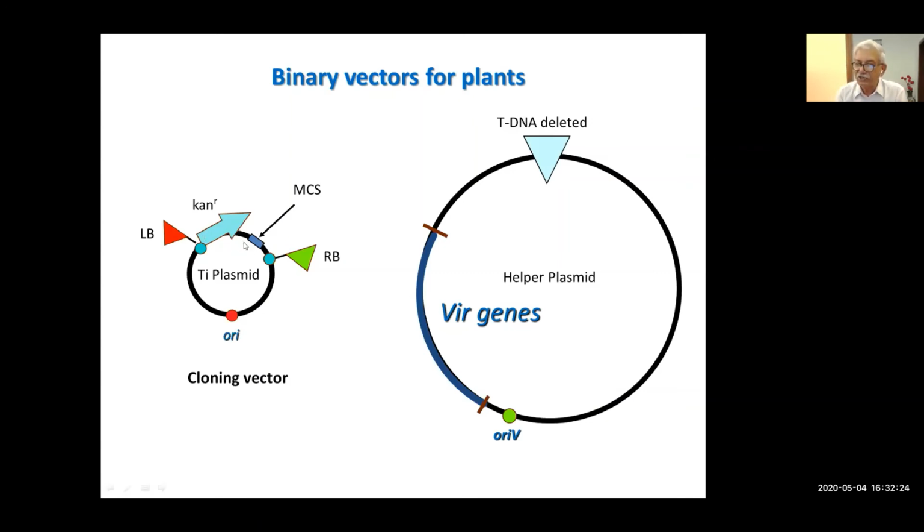If we generate a T-DNA here, then what will happen? That T-DNA from the helper plasmid can get integrated into the plant cell. So our mission is to incorporate these genes, not any other gene on the helper plasmid or the TI plasmid.